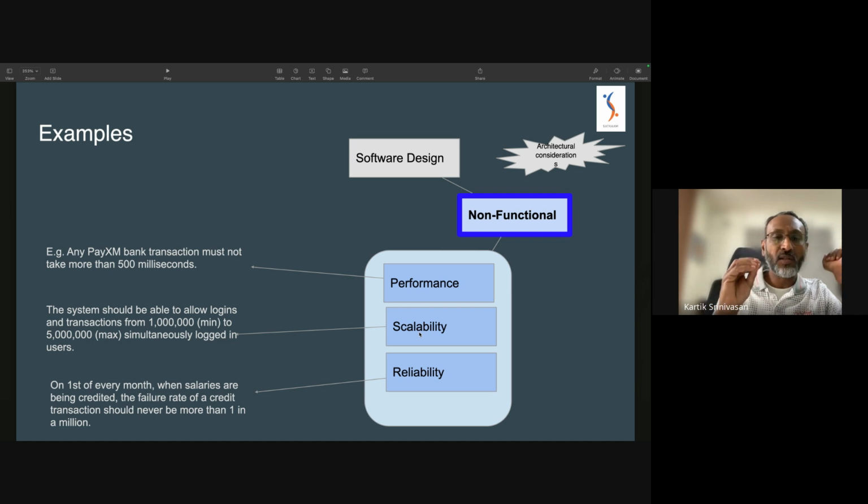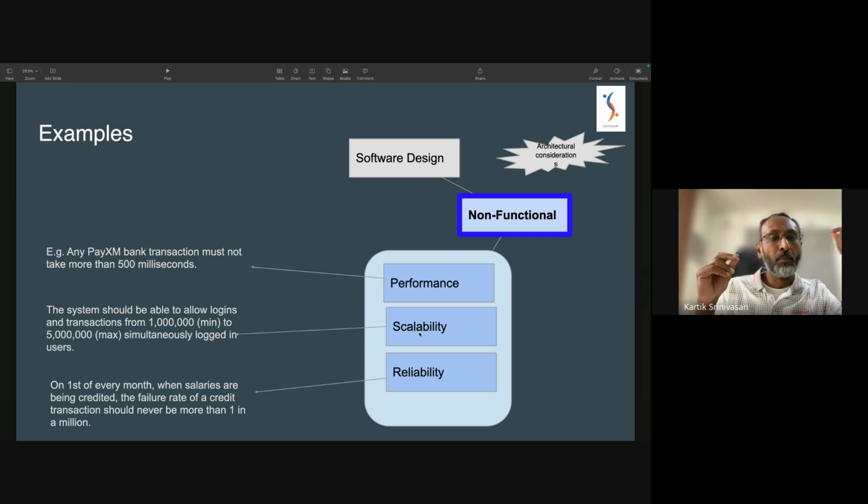And then there is this concept of reliability, right? Imagine a situation where across India, there are probably hundreds of thousands of institutions, banks, private organizations, public sector organizations, schools, colleges, etc., who are transferring money on the first day of every month to their employees.